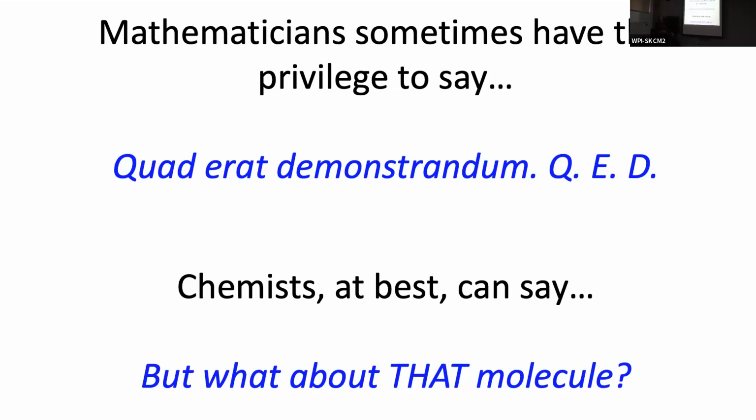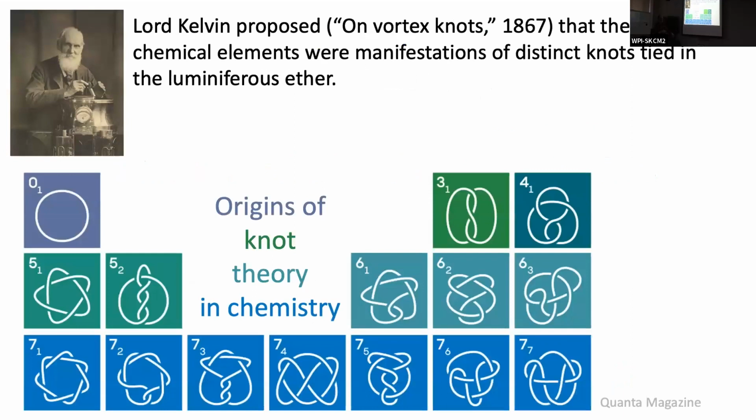Now, I'm being self-deprecating about chemists, but I'll try to restore a reputation by pointing out what you probably already know, and that is that it was chemists, in any case, that created knot theory. It was Lord Kelvin's speculation that the different elements in the periodic table were just different knots tied in the luminiferous ether.